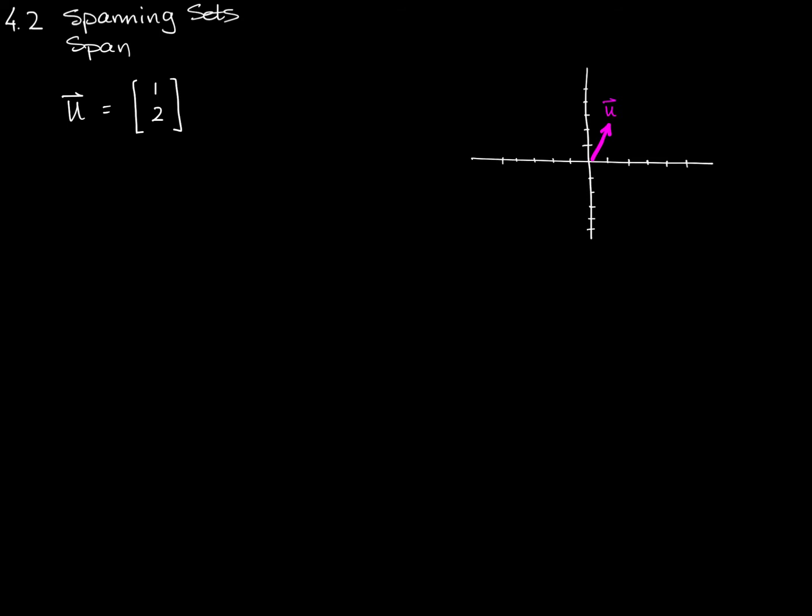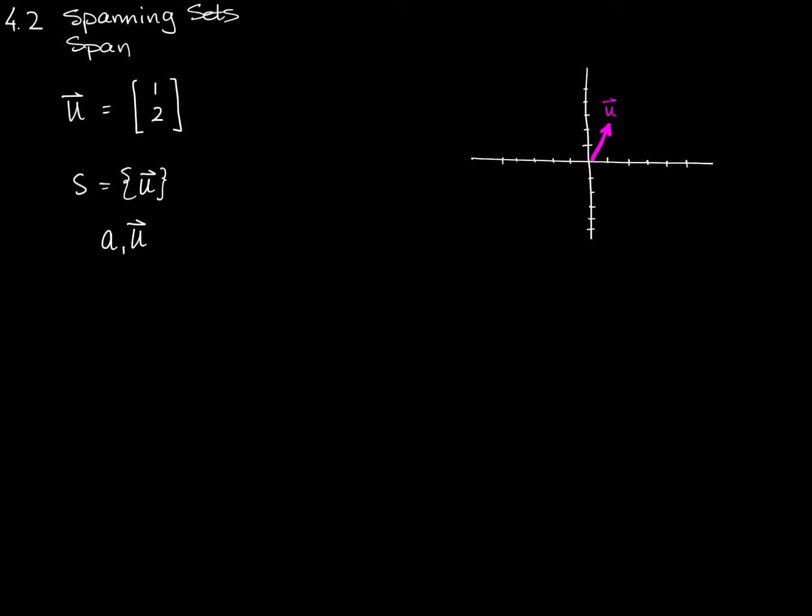If there's only one vector, then my set only contains one vector. And all the possible linear combinations of the vectors in this set are just some scalar times the vector.